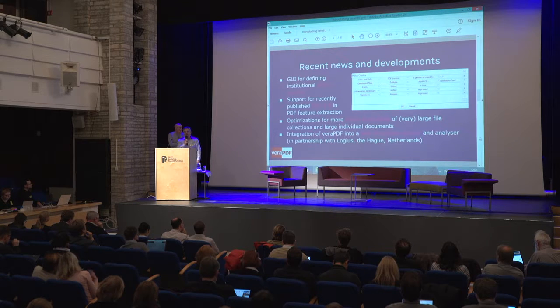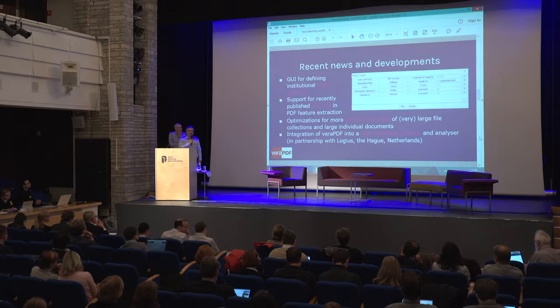And of course, we are getting more and more interesting requests around stability of the tool, processing large collections of files, huge documents. So there is always a lot of work around testing, optimization, stability. One of the examples of recent integrations and partnerships was the development of a web crawler, integration of VeraPDF into a web crawler.